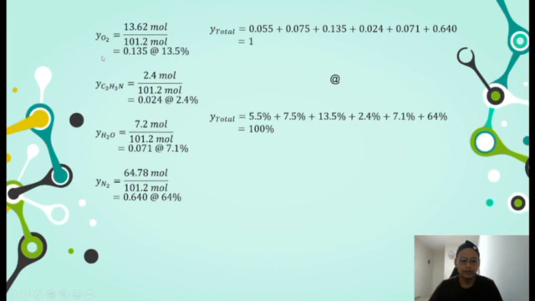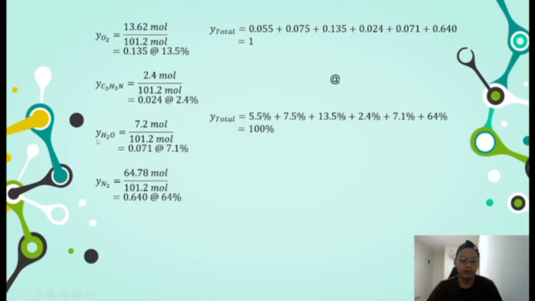For oxygen, YO2 is equal to 13.62 mol over total mole, 101.2 mol. We got the answer for YO2 0.135 or 13.5%. For YC3H3N is equal to 2.4 mol over total mole. We get the answer 0.024 or 2.4%.